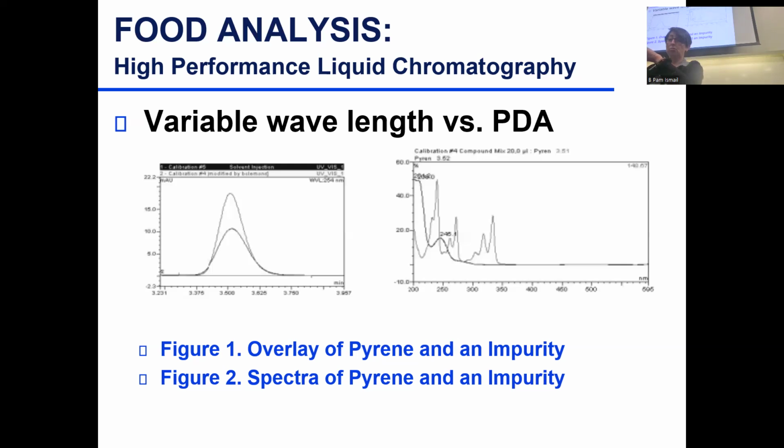So they will potentially have the same fingerprints, but because one has sugar and one doesn't, they will elute differently based on their polarity.